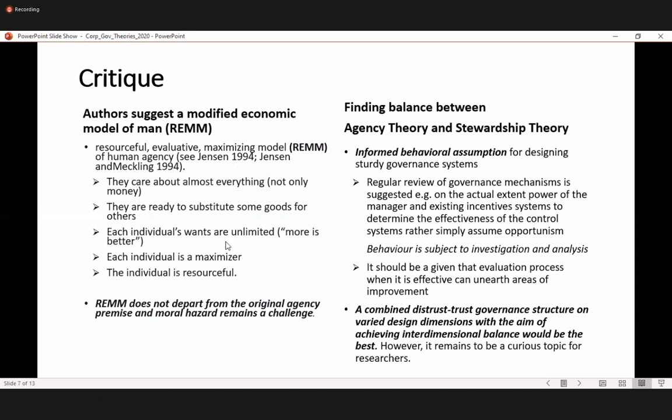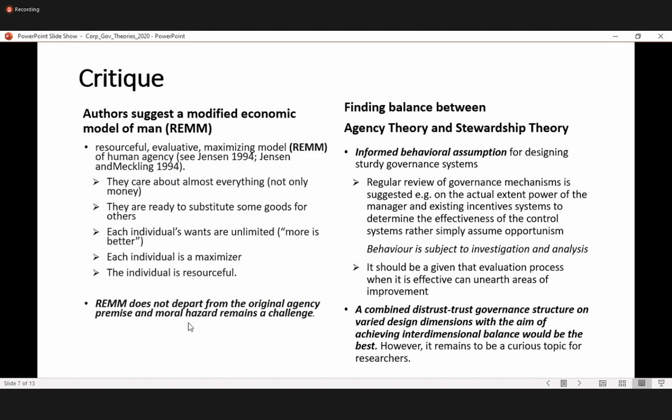Looking at all this, they also realized that, with all the goodwill and all the efforts to find some balance, even this proposition is still not sufficient, not adequate, because it doesn't depart from the original agency premise of a self-interested agent.